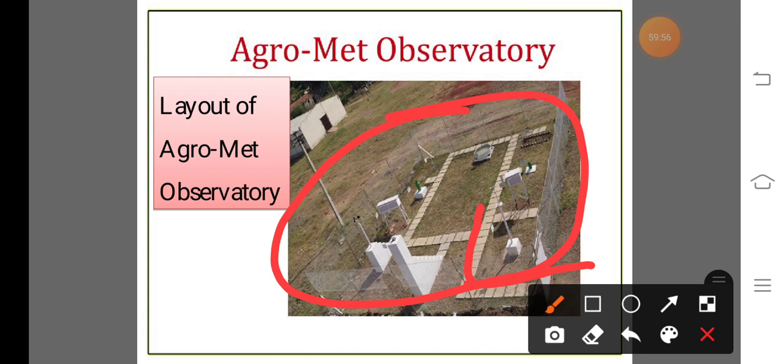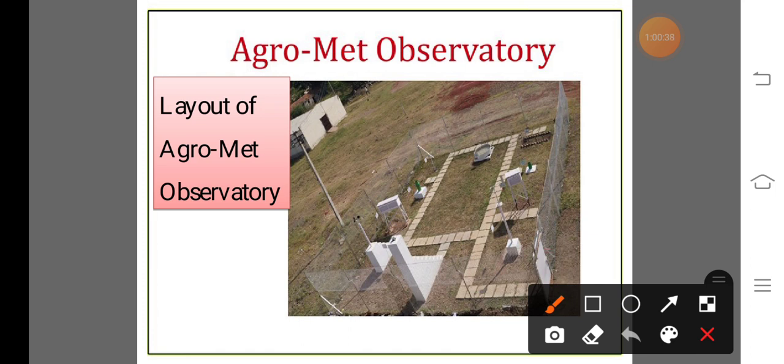That means a suitable road is also necessary to avoid difficulty in recording observations in rainy season. If waterlogging occurs, taking observations of weather parameters is difficult. So the observatory should be easily approachable by road.